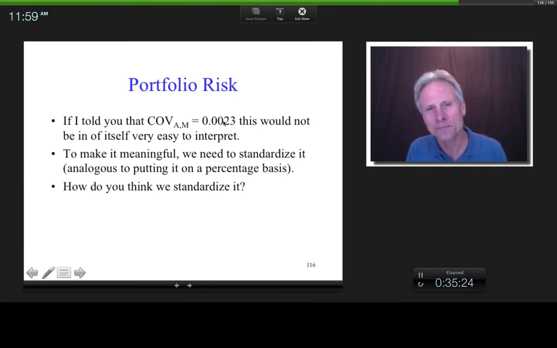I am, right? And here, this 0.0023, is that a type of risk number? It is, right? So if I wanted to benchmark it against something, or divide it by something, would I want to benchmark it or divide it by another risk number? Presumably I would, right, using that same concept.